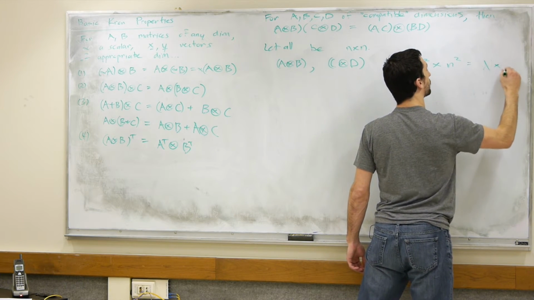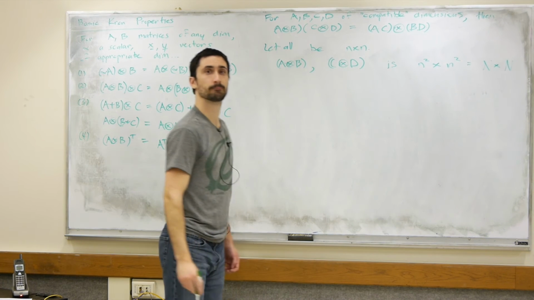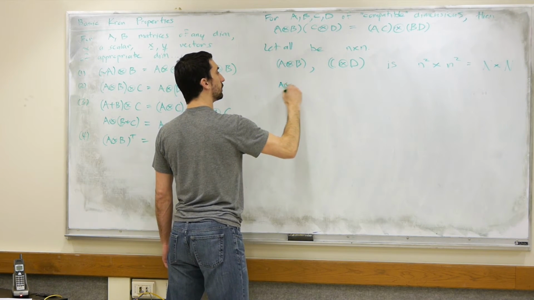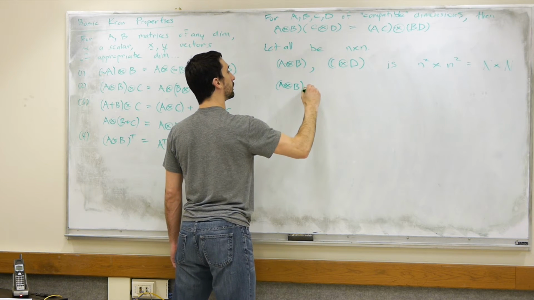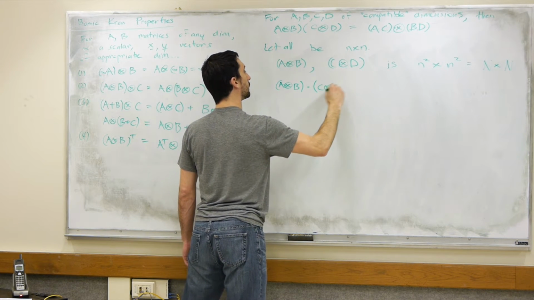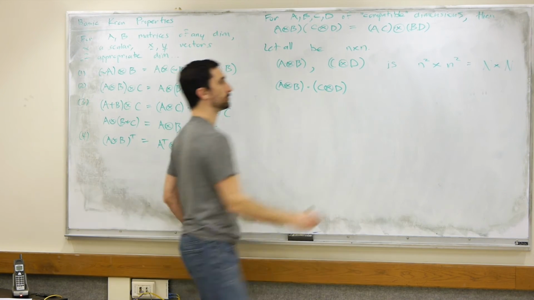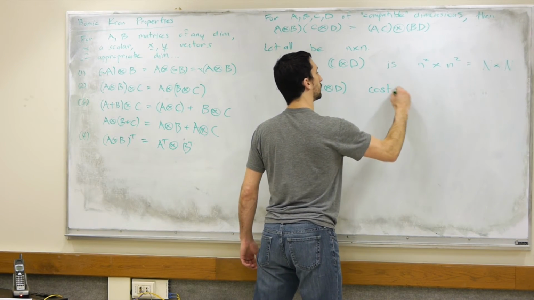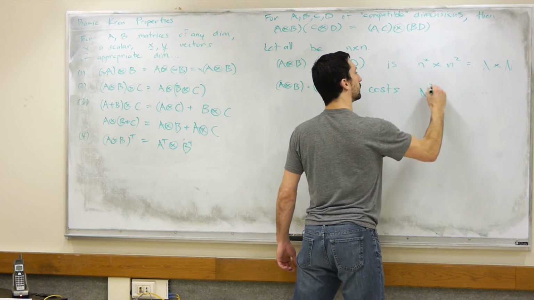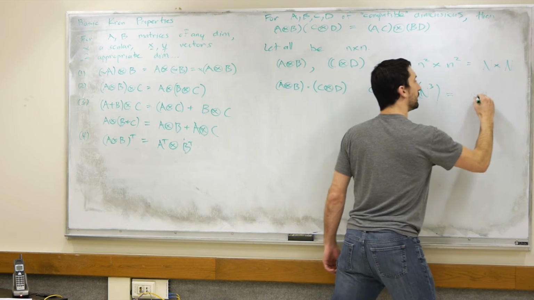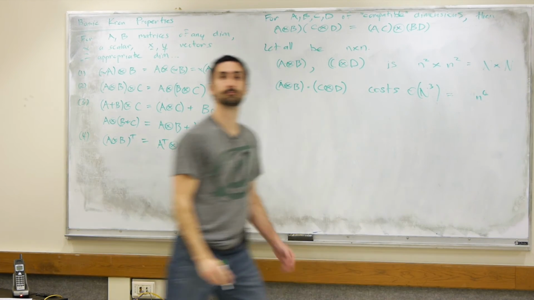I think of that as capital N by capital N. So this multiplication, since multiplication is a cubic operation, this multiplication costs N cubed. That is little n to the sixth.